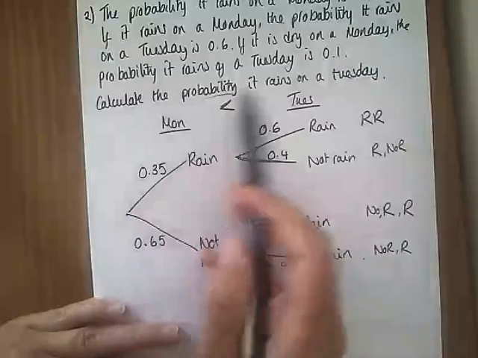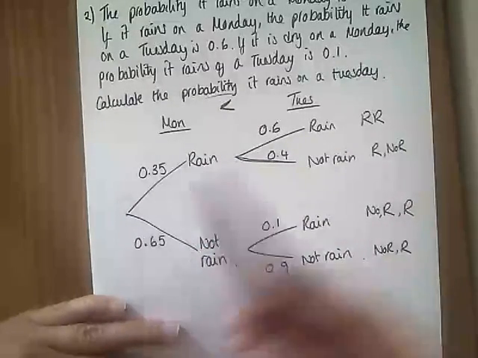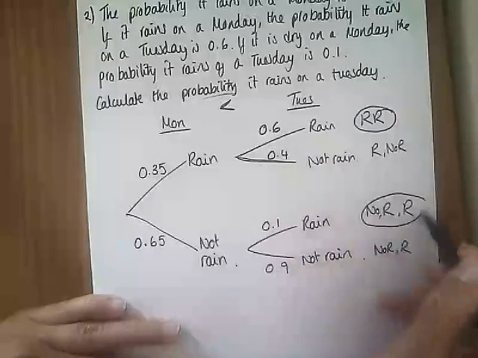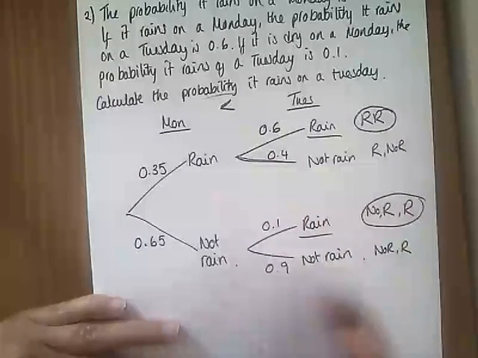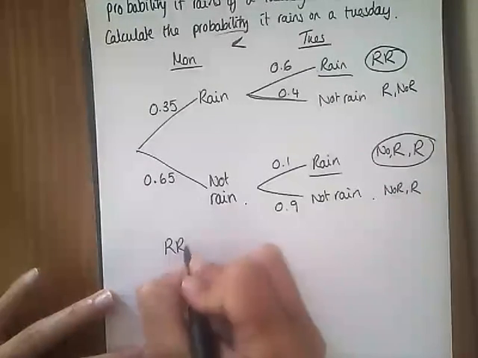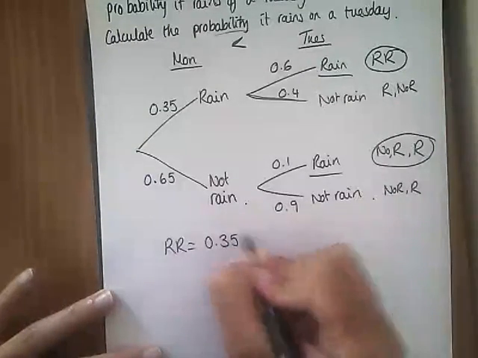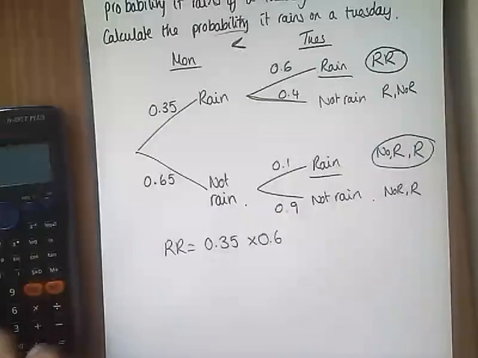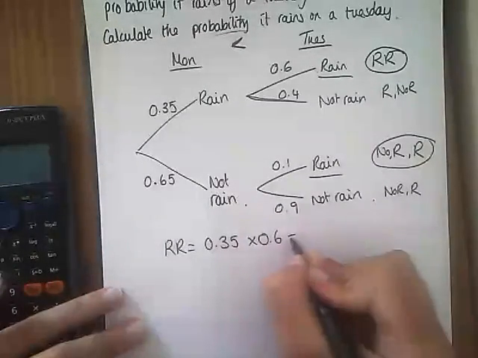Calculate the probability it rains on a Tuesday. So the options for it raining on a Tuesday is this one or this one, raining on a Tuesday. So the probability it rains on a Monday and a Tuesday is going to be 0.35 times 0.6. I'm doing this on my calculator so you can too. So that is 0.21.